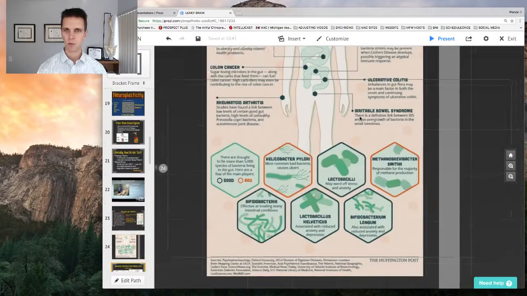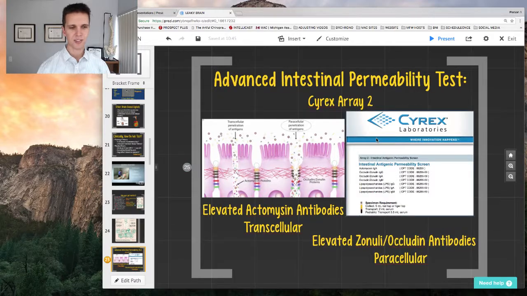So, more information about those specific strains. For the people that actually want to see this on paper, there is very advanced testing available. What I tell my patients to do is use Cyrex Laboratories, where we can actually test and evaluate not only leaky brain, but also leaky gut.